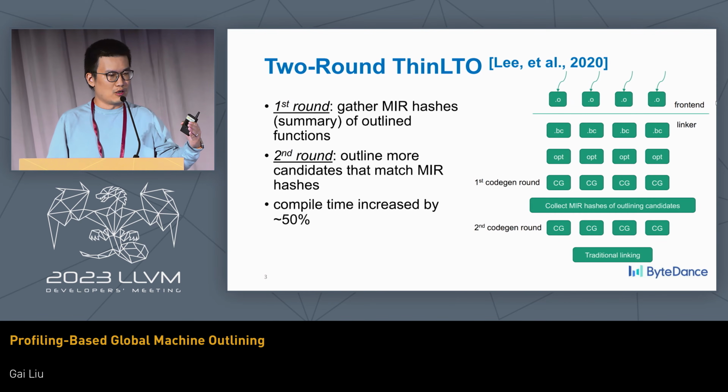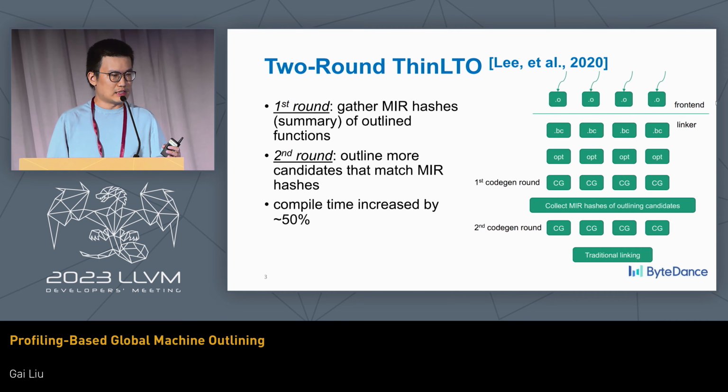We run the flow all the way until the machine outliner in the codegen phase. Right there, for each compilation unit, we dump out a local summary of the sequences within the current compilation unit. Then in single LTO, we merge those local summaries into a global one, so that the global summary contains information on all the beneficial sequences that we wish to outline.